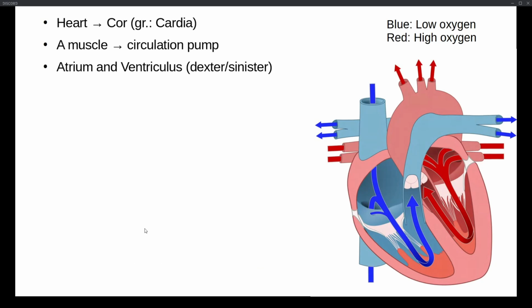So let's get started. I won't talk about everything regarding the heart because it's of course an enormous field. What I will focus on is the anatomy, the structure, the topography, so where the heart is and everything, and I will only scratch the physiology and the histology, because both of these areas could have their own presentation, and it would take way too much time to explain everything.